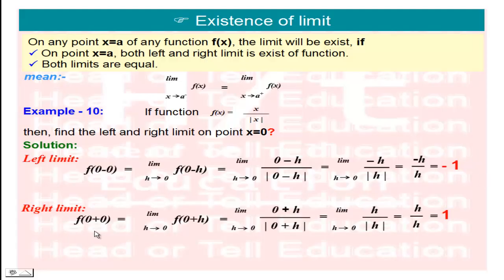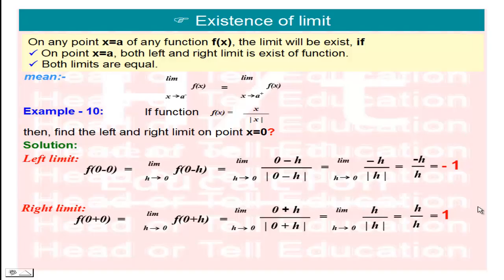Now the right limit: f(0 plus 0) equals the limit as h tends to 0 of f(0 plus h), which equals the limit as h tends to 0 of (0 plus h) divided by modulus of (0 plus h), which equals h divided by modulus h, which equals h divided by h, which equals 1.